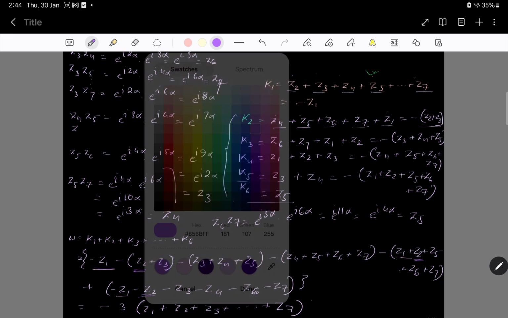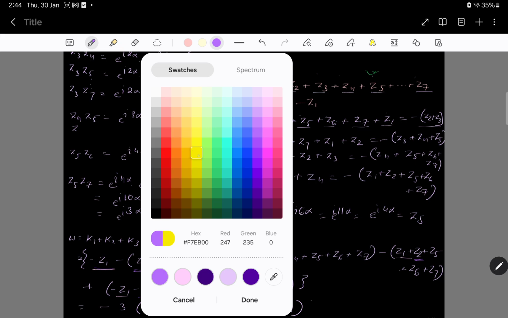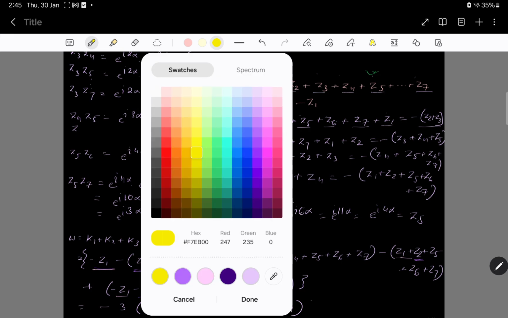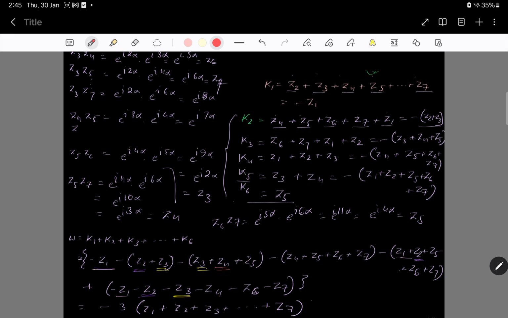Third, z3, one here, one here, and one here. Fourth, z4, one here, one here, and one here.